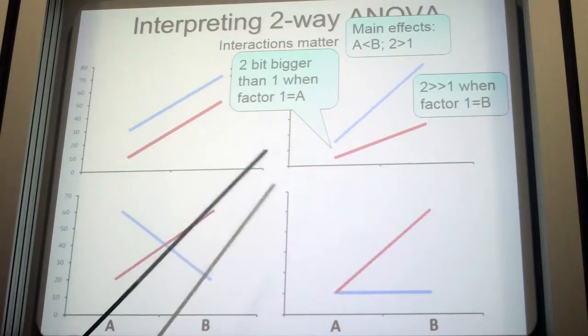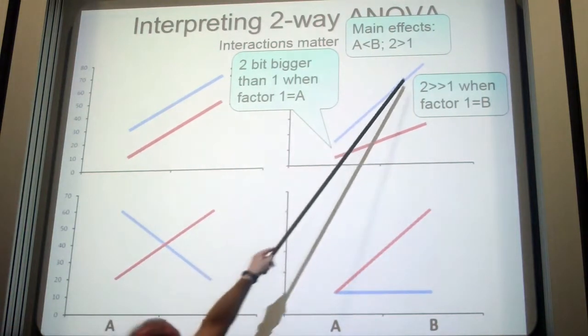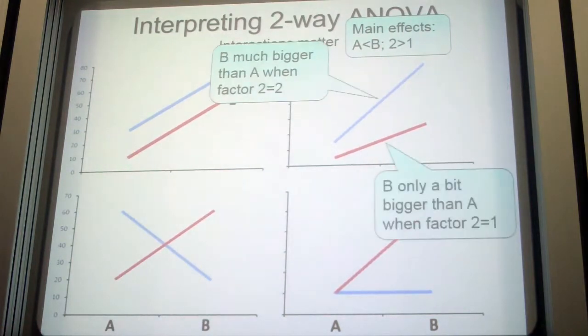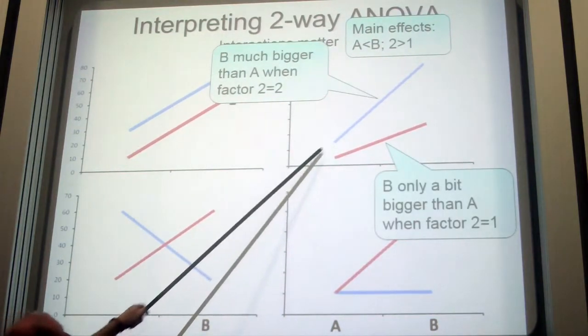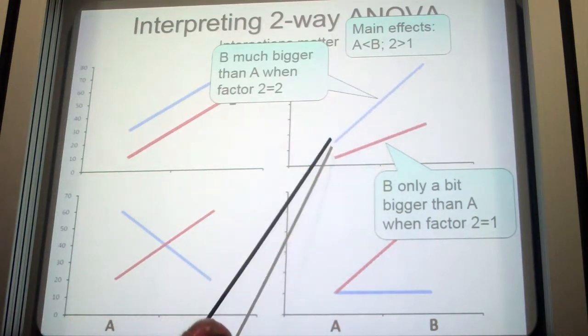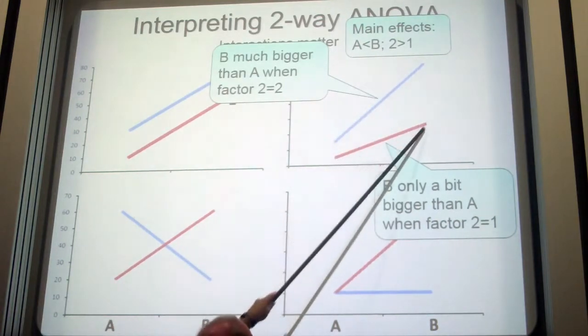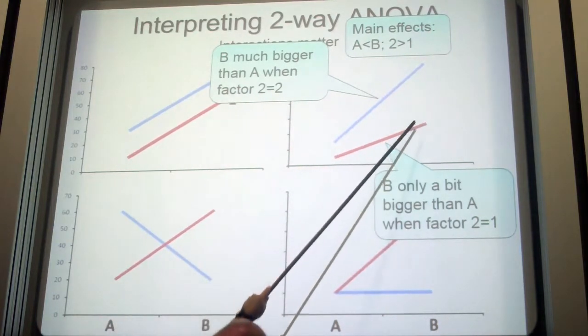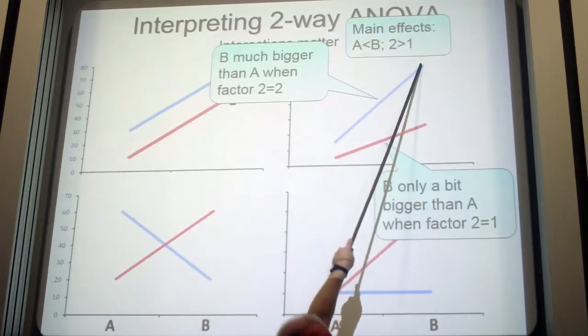Go back to this one. There's a bit of a difference here and a bigger difference here. The other way of looking at it is to look at the changes that way. So B is only a little bit bigger here, whereas it goes up a lot more there.